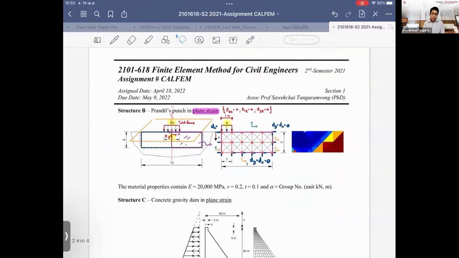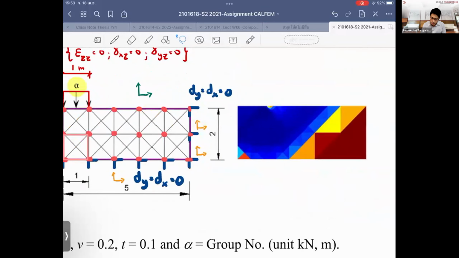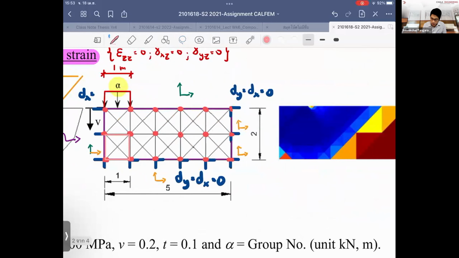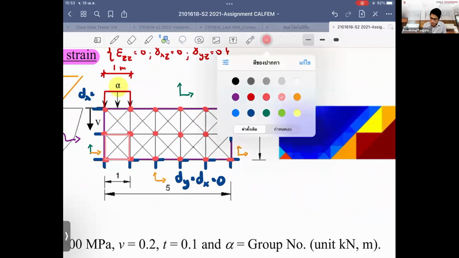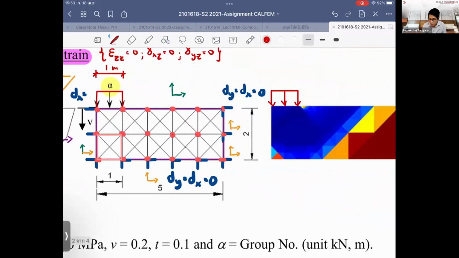And the second problem is the punch, which is the standard. This is the stress. What I try to tell is that this is the stress. If I have the value of the force applied over the area here with the loading of alphas, I will see the distribution of the stress.